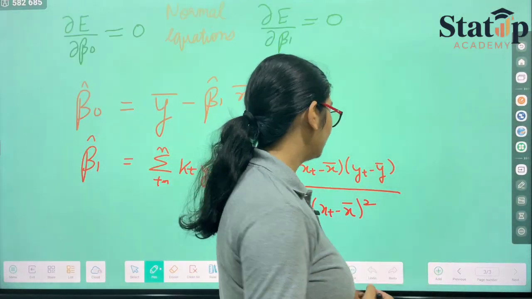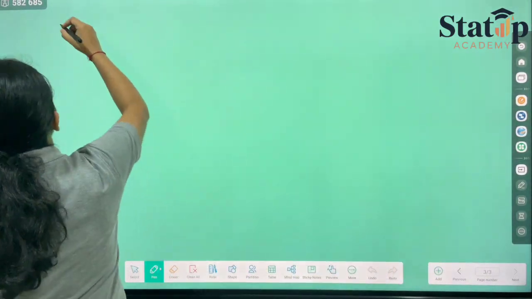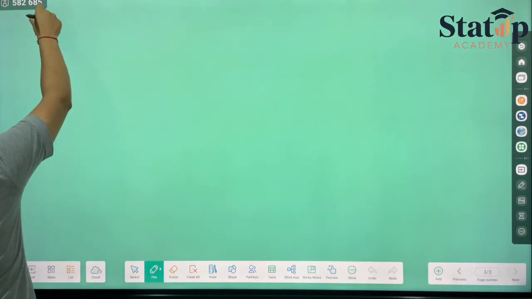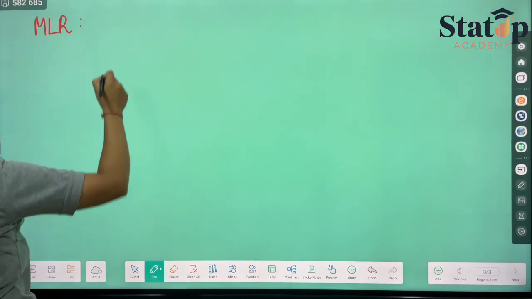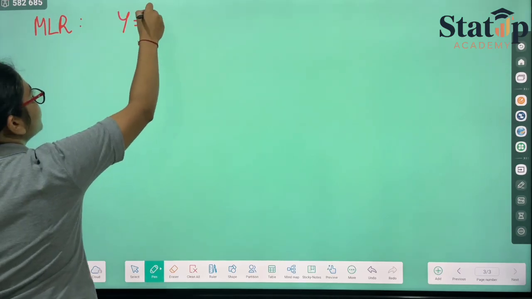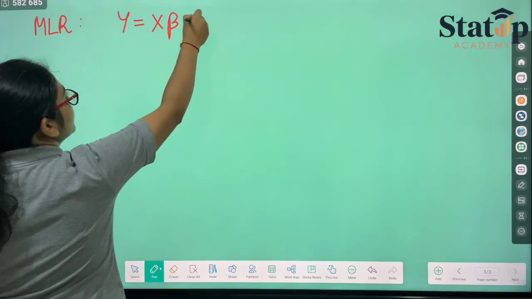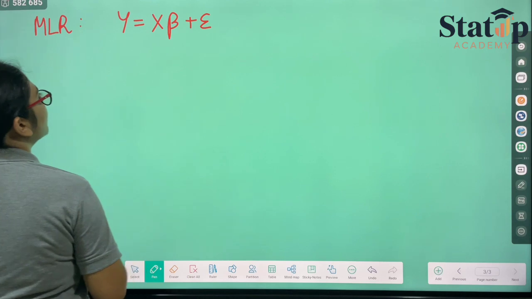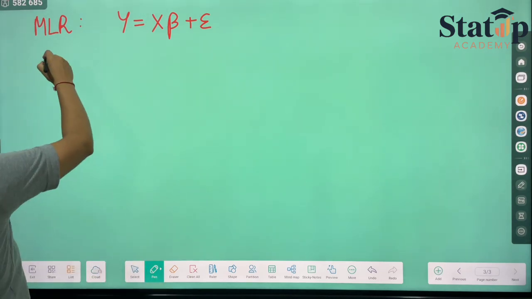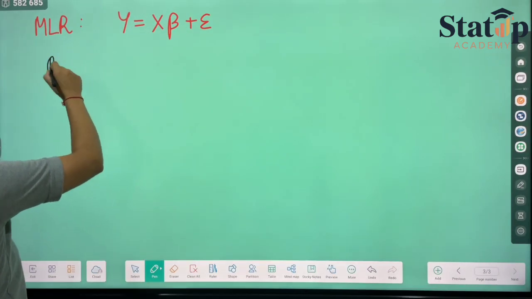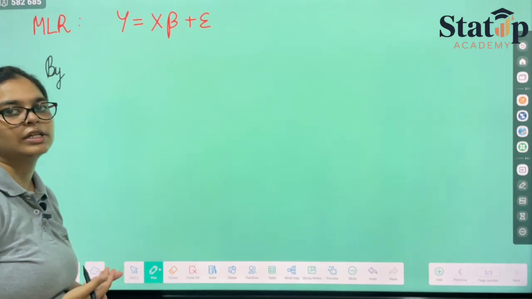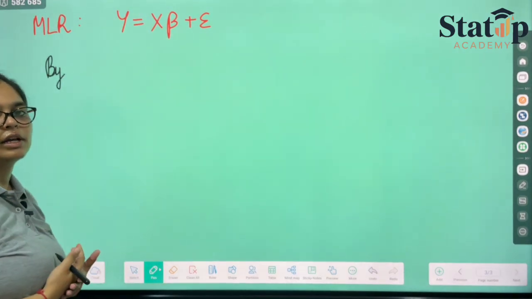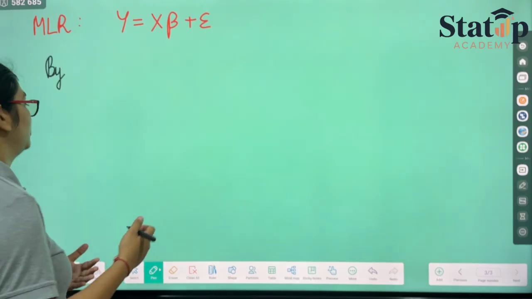Now moving on further, if we have an MLR model, multiple linear regression model, which is given by y is equal to x beta plus epsilon, here again we will use the GLS estimator, general linear estimation. For the MLR model we will call the method GLS estimation, and for the SLR model we will call it OLS estimation.